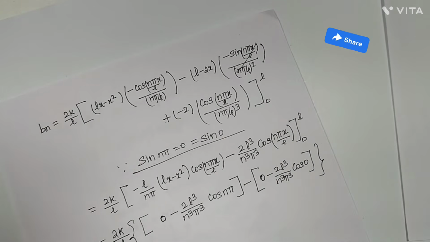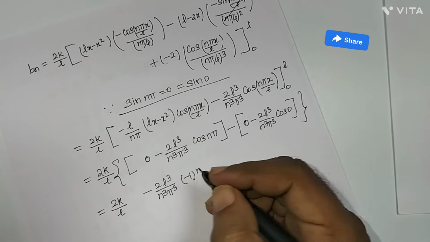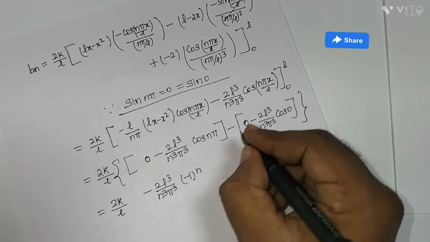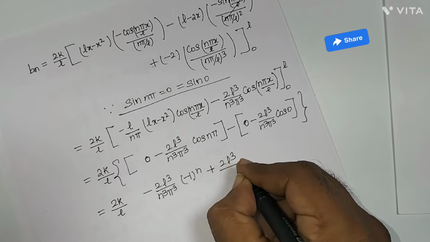And now we can simplify this term: 2k divided by L and minus 2L cube divided by n cube pi cube and cos n pi, we can write (minus 1) power n. Already you know that cos n pi equal to (minus 1) power n, and minus into minus plus 2L cube divided by n cube pi cube. Cos 0 is 1, we know that.